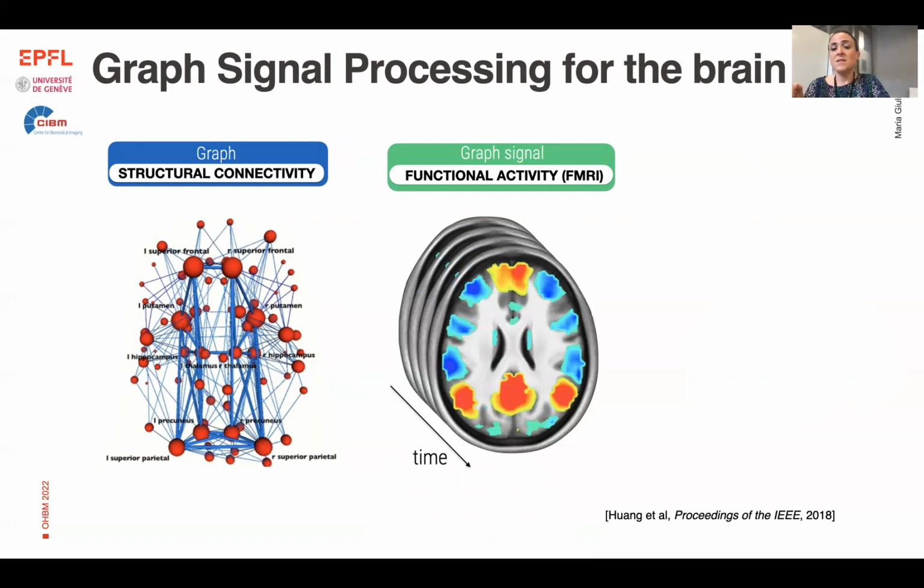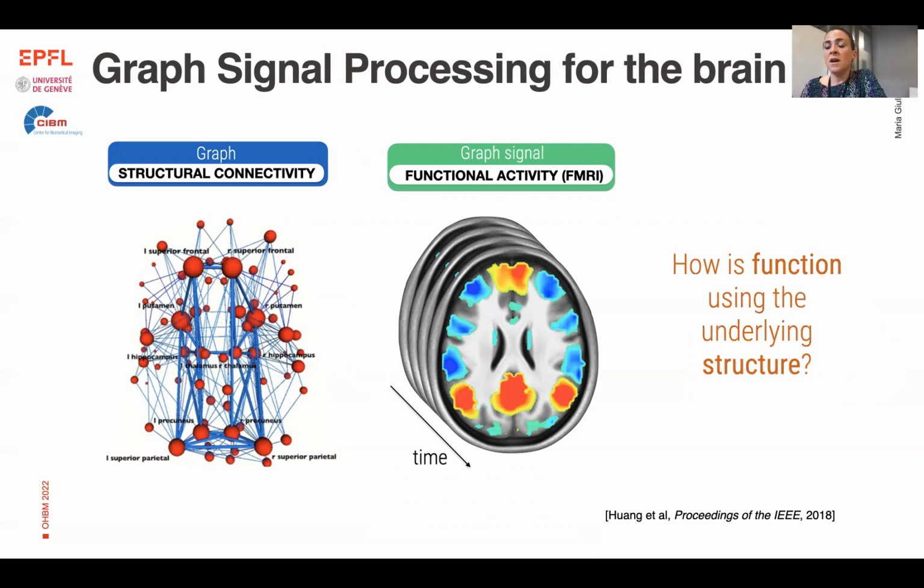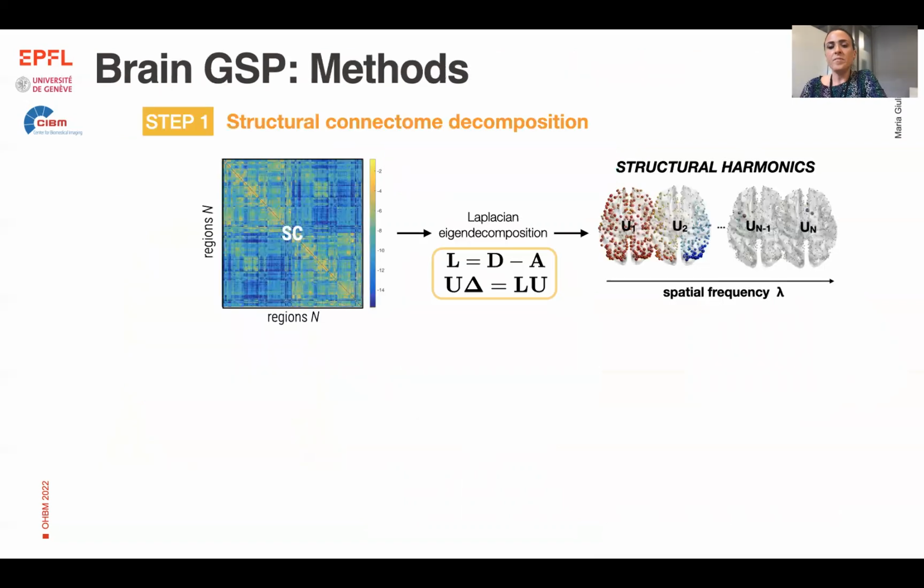But what we consider as graph signal is an fMRI frame, so a brain spatial pattern of fMRI BOLD signal at one time point t. And then we will repeat the analysis for each time point. And the question is, how is the function using the underlying structure?